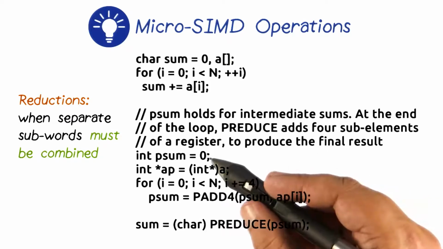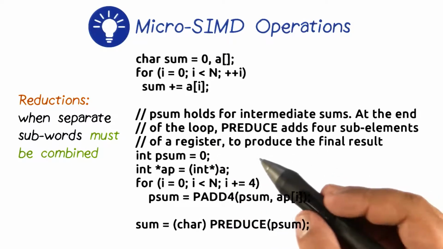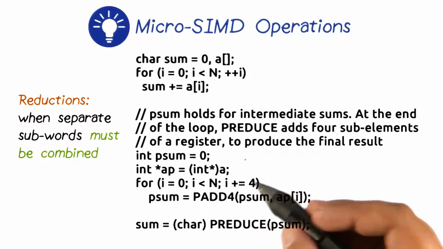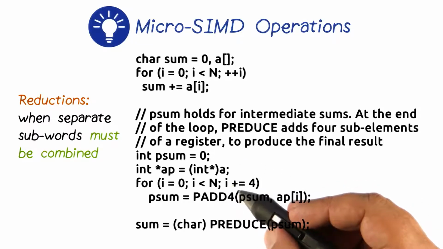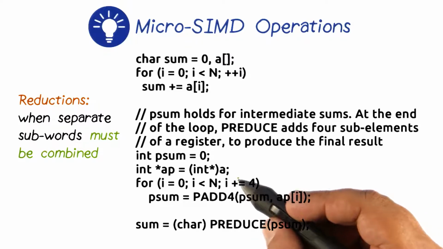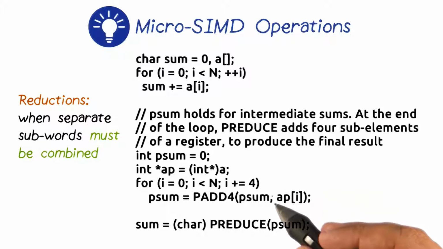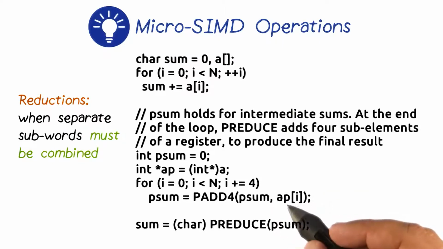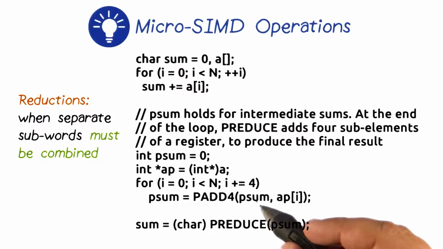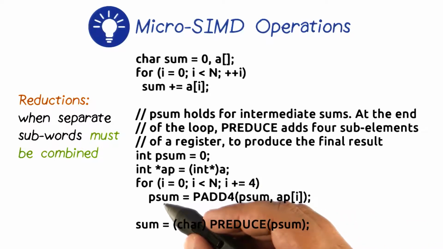What we got here is a temporary variable called psum. What is it doing? Psum is doing the partial sums of the microSIMD operations coming from the original array. So in other words, the original array has been decomposed into microSIMD subparts or subwords, and we have this P1L4 which is taking that decomposed array, adding parts of it together, adding it to psum and storing it in this psum again.